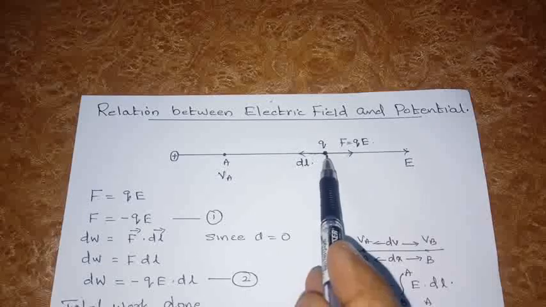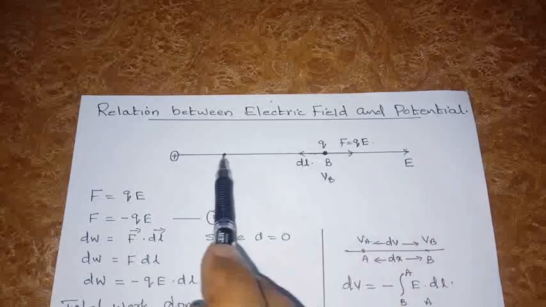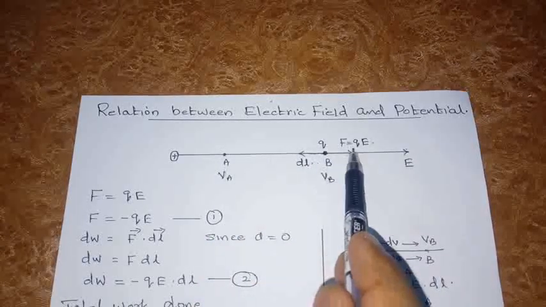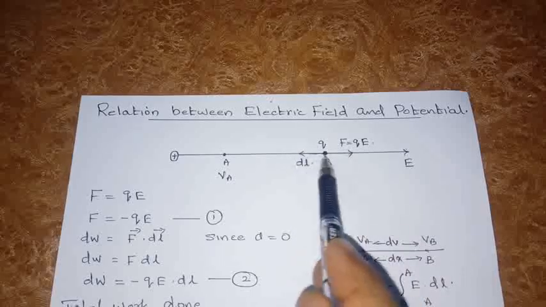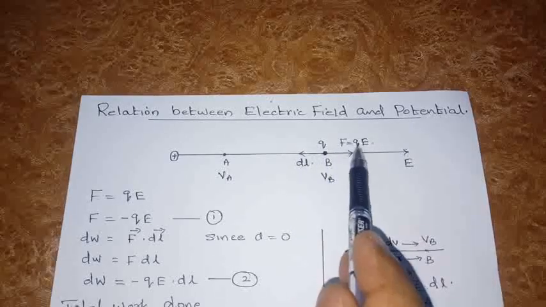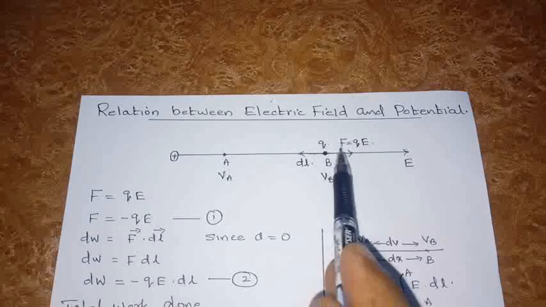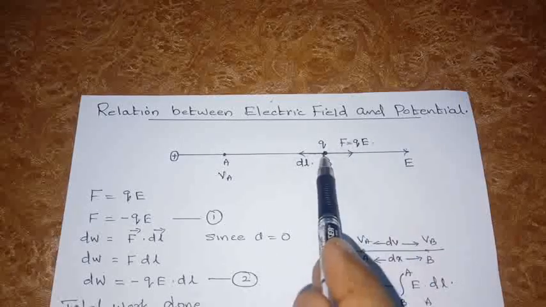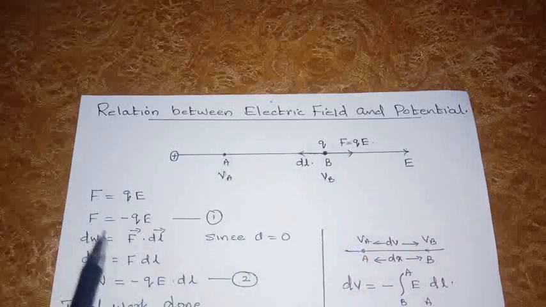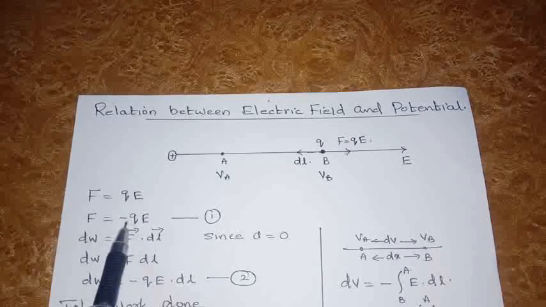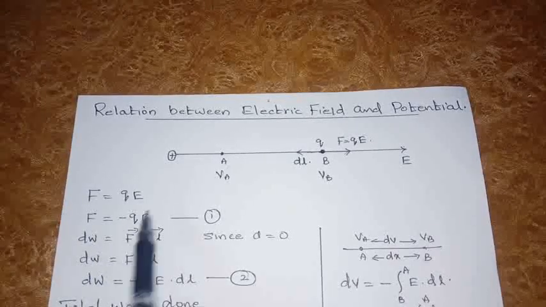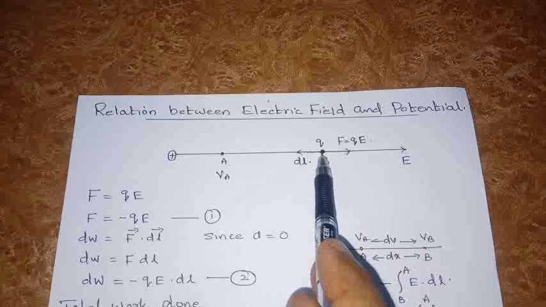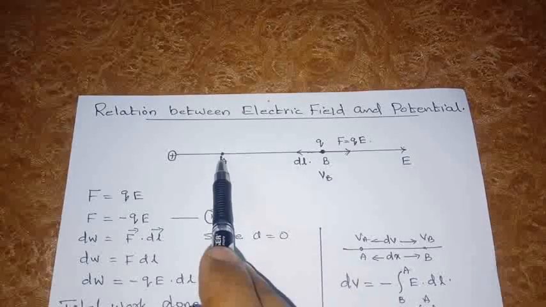Now I want to take this charge from B to A. So at least an equal and opposite force should be given against this force. Then only I can move the charge against the electric field. So at least an equal and opposite force F is equal to minus QE should be given in order to move the charge from B to A externally.